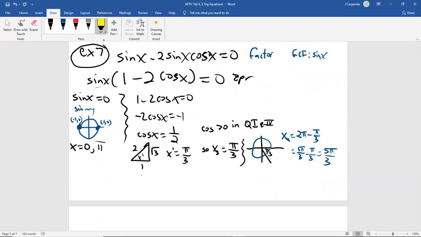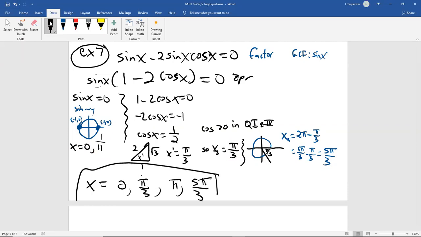We had our 1, 2, 3, 4 basic solutions, all within 0 to 2 pi. So if you box this up and shift it up as your answers, it's wrong.